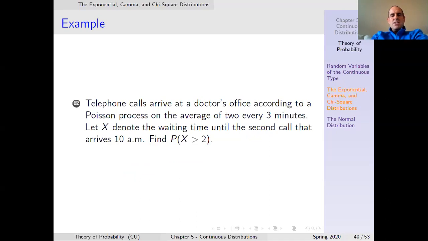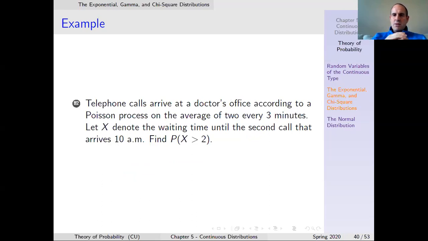Telephone calls arrive at a doctor's office according to a Poisson process on the average of 2 every 3 minutes. So our unit time interval here is 3 minutes. I'm setting up this problem in such a way that you don't get hung up on the time interval always having to be 1.